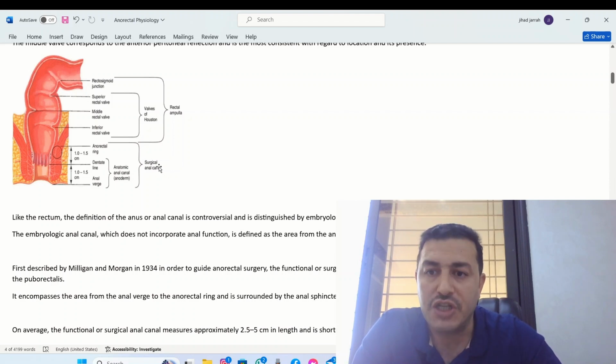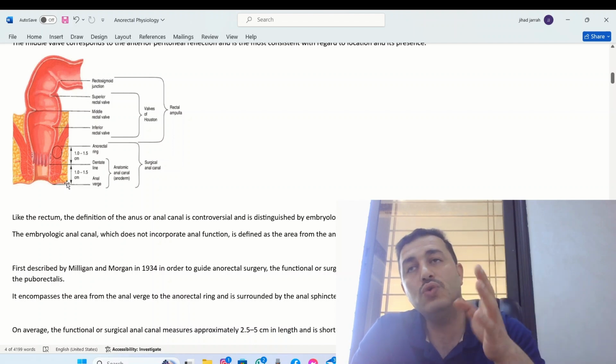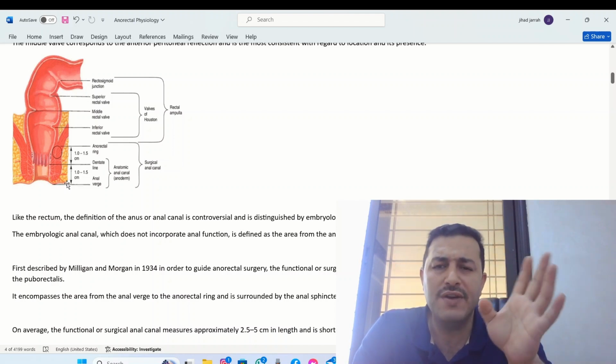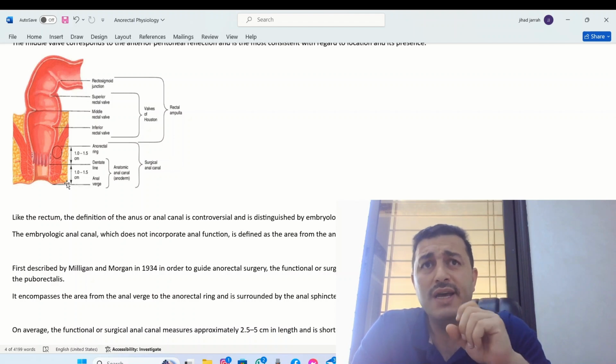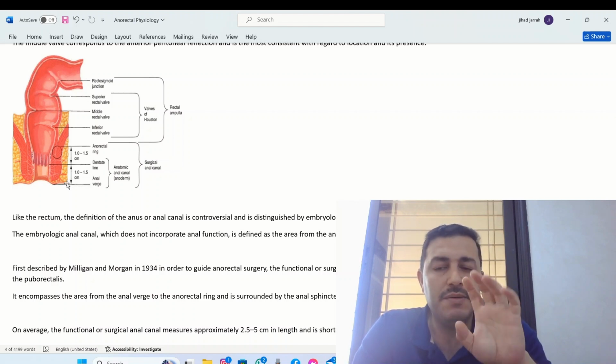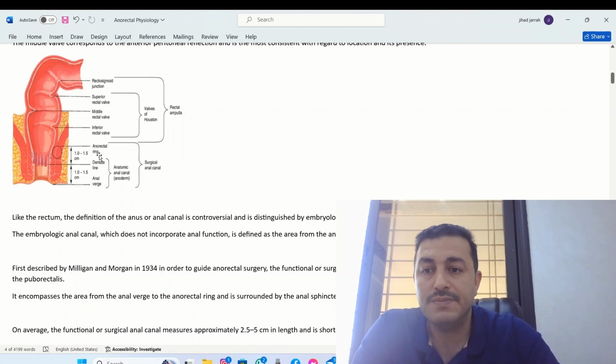The surgical or functional anal canal starts from the anorectal ring up to the anal verge. It is about 2.5 to 5 centimeters, shorter in females. The mean in females is 4 centimeters. So this is the surgical anal canal.